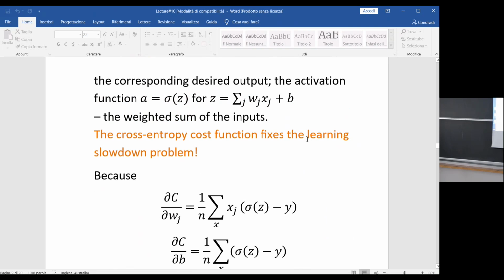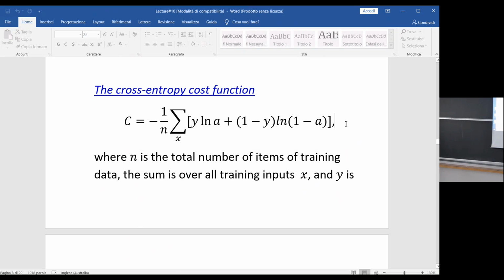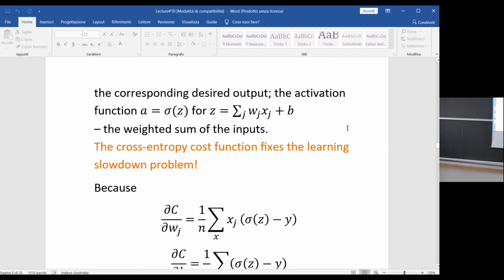It was reasoned for the simple configuration of our neural net.